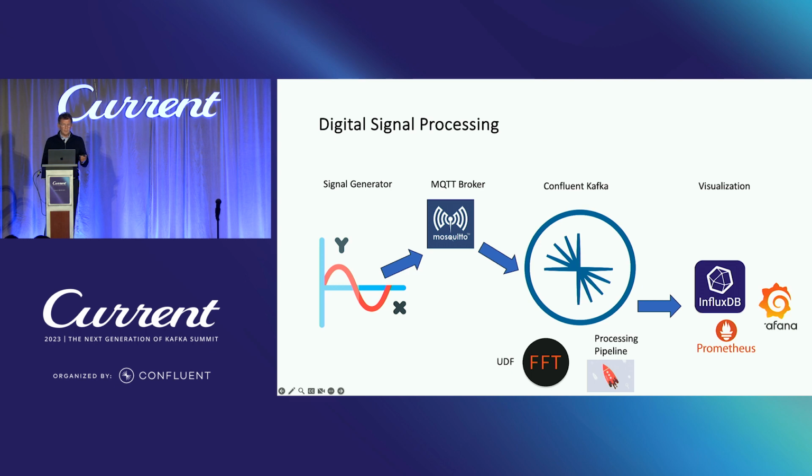And in Confluent Kafka, we create a pipeline of small processors, and one of them will be a user-defined function, which performs the actual fast Fourier transform. And after that, we pick it up and do some step-by-step processing to pull out this frequency information from our complex signal.